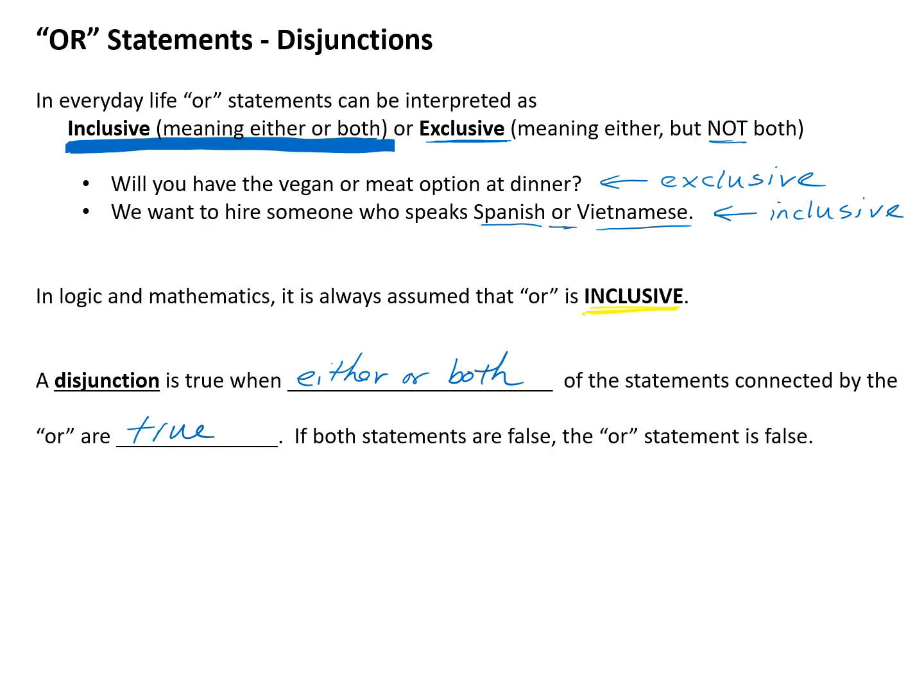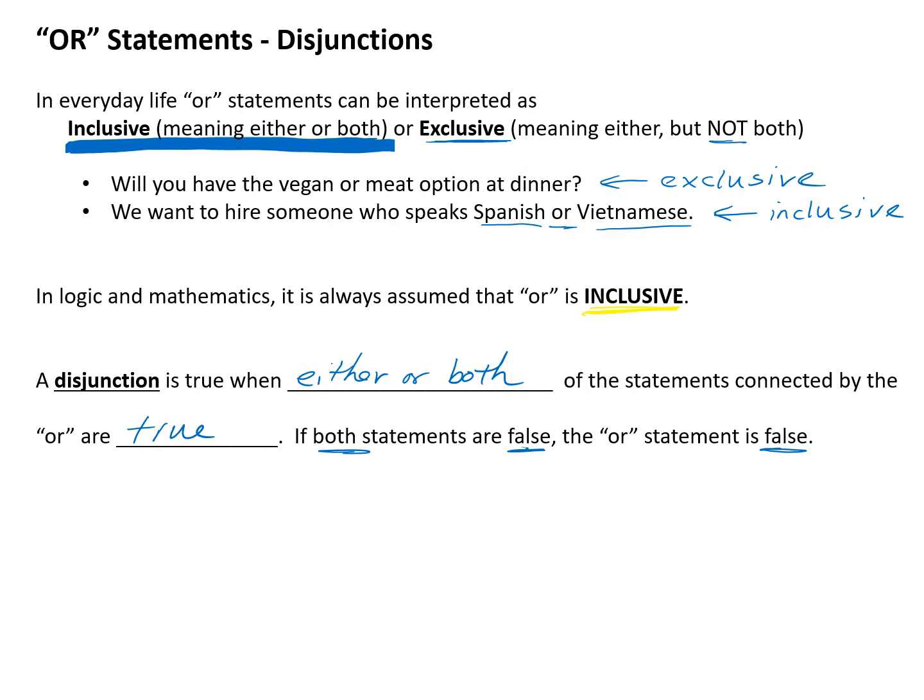So an or statement is very inclusive. All it takes is one, the other, or both of the statements in the or statement to be true for the statement to be true. The only way it's going to be false is if both statements are false. If both statements are false, then the or statement itself is false.